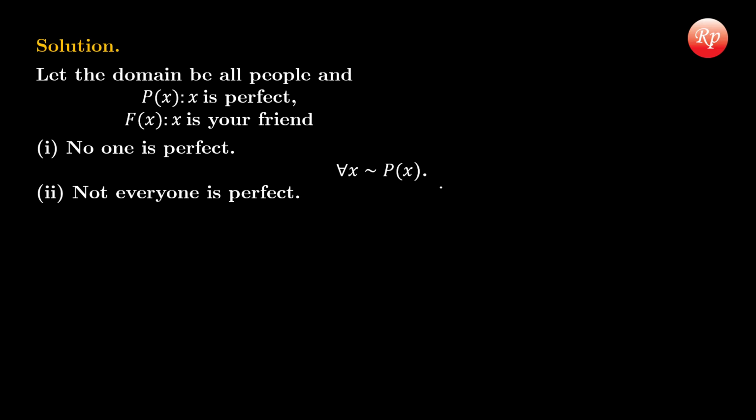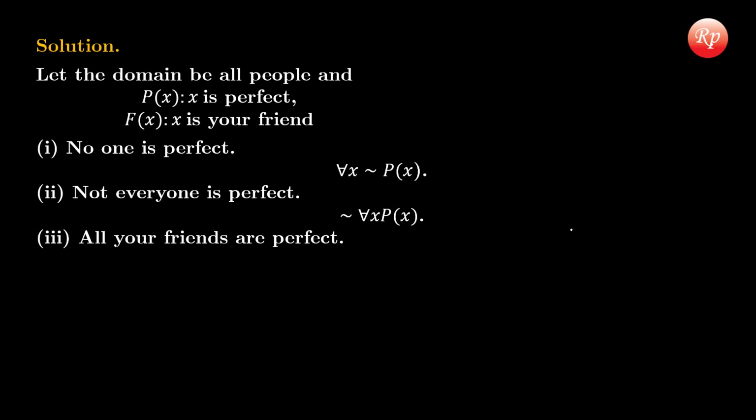Second, not everyone is perfect. That means there are some people in this domain who are not perfect. Okay, we don't know the number. So not all people are perfect. So this is the proper way of writing not everyone is perfect.